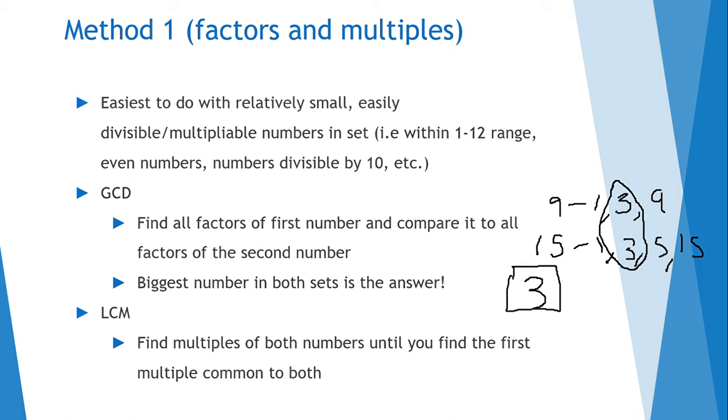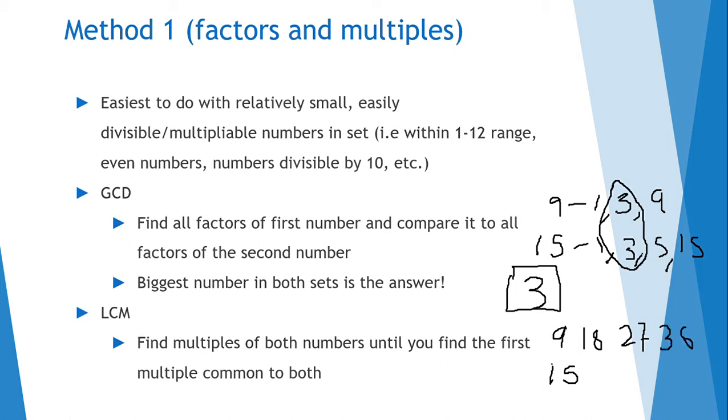Okay, now on to LCM. We're going to find multiples of both numbers until we find the first multiple common to both. Okay, so for 9, we'll start off with 9, and for 15, we'll start off with 15. So first, let's multiply 9 by 2, we'll get 18. Let's add another 9, we'll get 27. Let's add another 9, and we'll get 36.